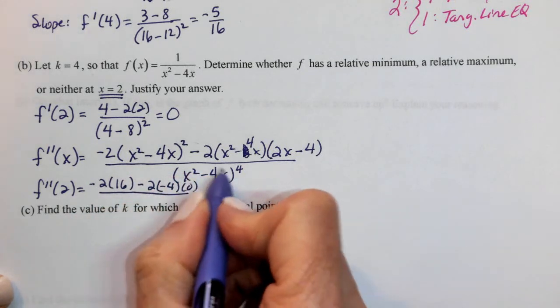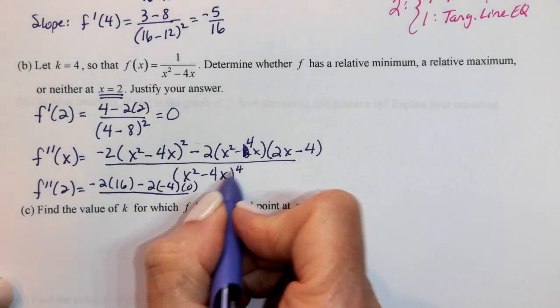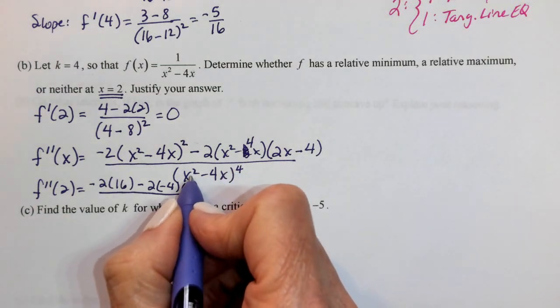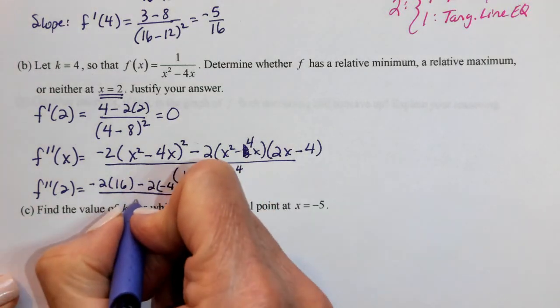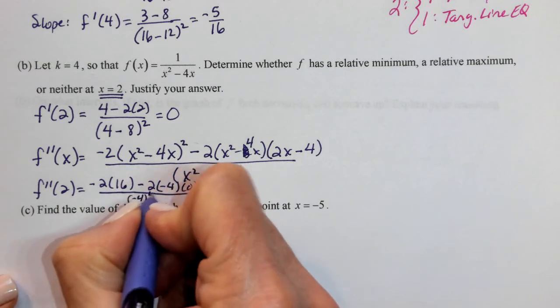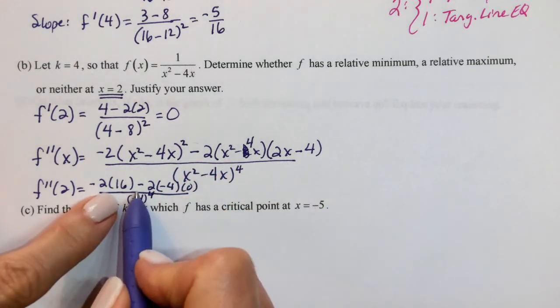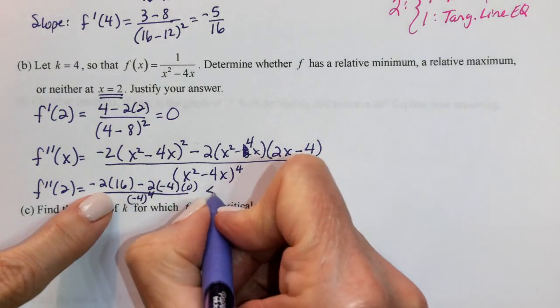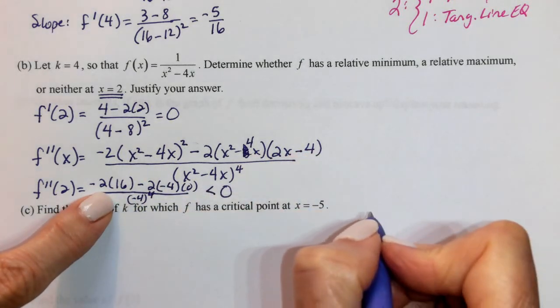In the denominator, I have 4 minus 8 to the 4th, so that's going to be a positive number. 4 minus 8 is negative 4, but we're to the 4th power. So all I have is a negative over a positive, so this is going to be less than 0.